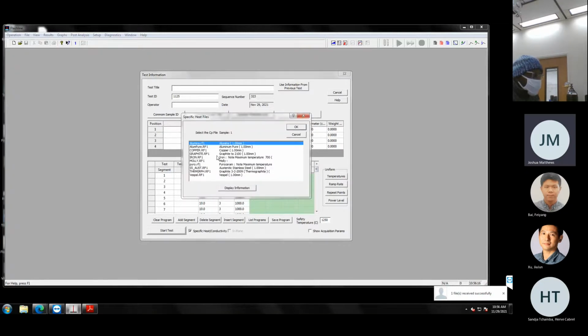If you have an unknown material and you don't know what the conductivity is, you need a reference piece with similar specific heat to your unknown material. You guys have stainless steel as a reference piece. I doubt that that's very close to the material that you're going to be running.